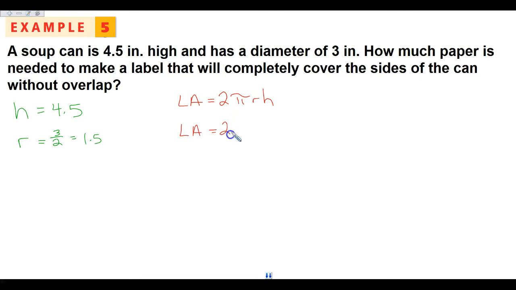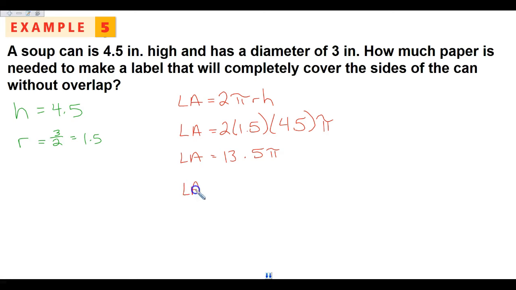And we're going to do 2 times my radius, which is 1.5, times my height, which is 4.5, times pi. And we're going to take this to 13.5 pi. And then I went ahead and added in your directions in your notes. I forgot to add it into here, but in the directions in your notes, I added to the nearest tenth.